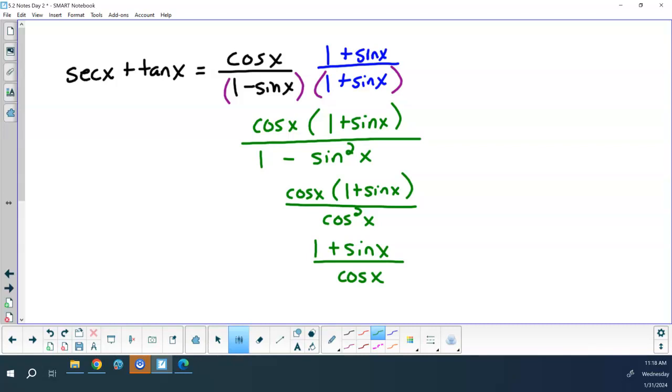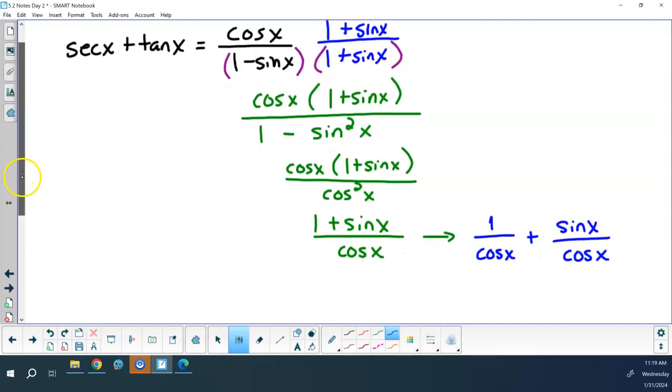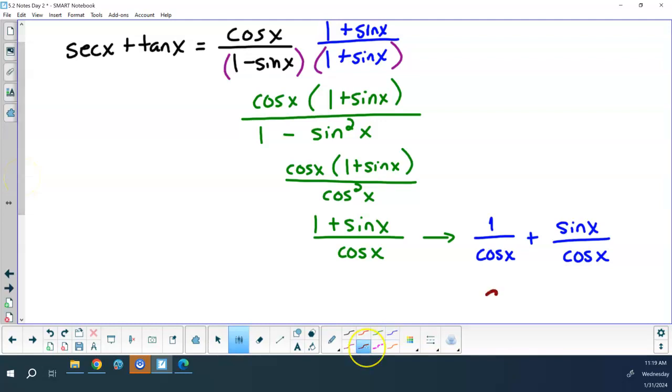So now from here, what I can say is, this is 1 over cosine plus sine over cosine. And I have to show that, because I'm breaking it up. 1 over cosine is secant.